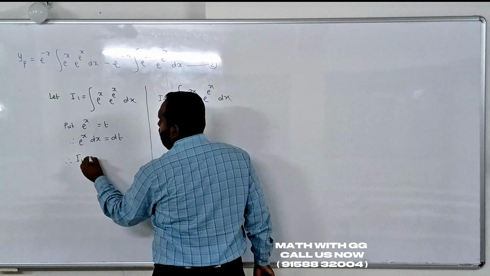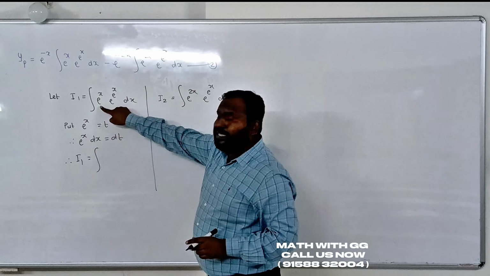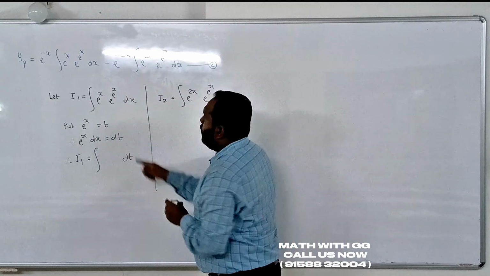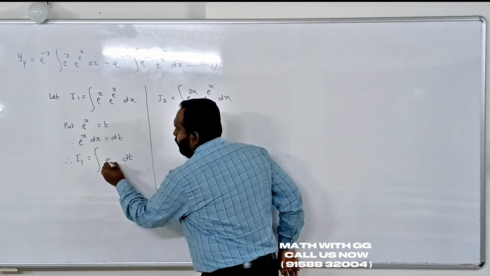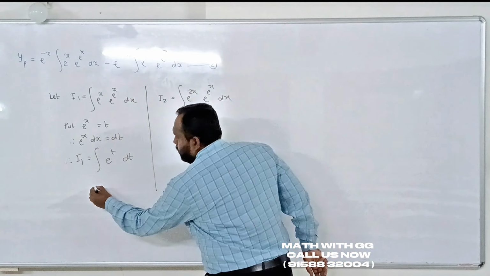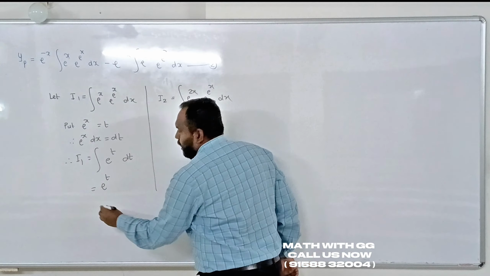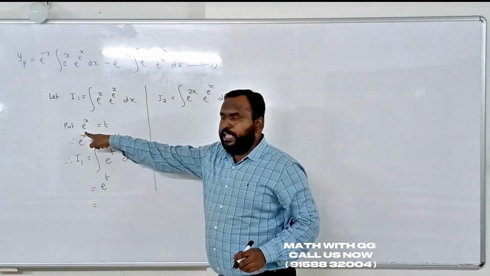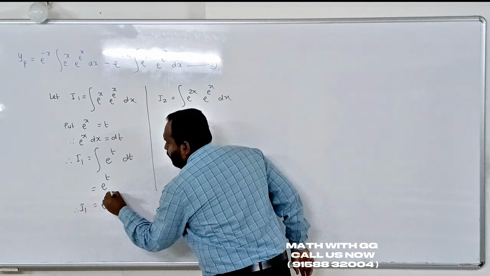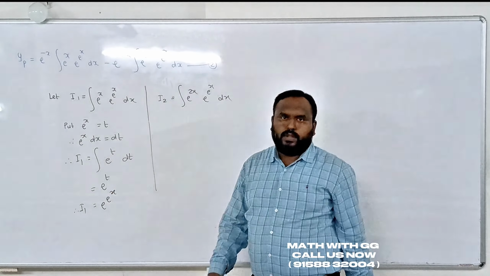Therefore, I1 is converted into an integration where e raised to x dx is replaced by dt and e raised to x will be e raised to t. The integration of e raised to t is e raised to t. If we back substitute the value of t, we get I1 equal to e raised to x.